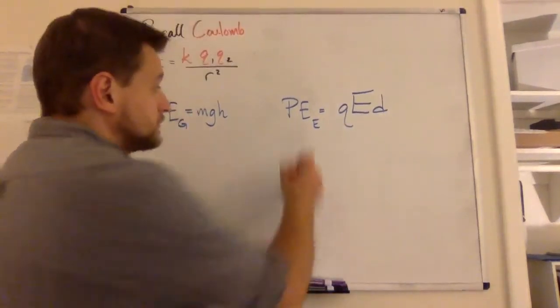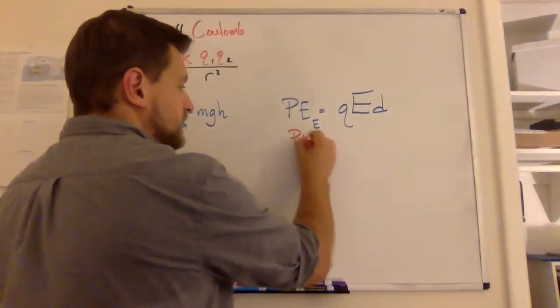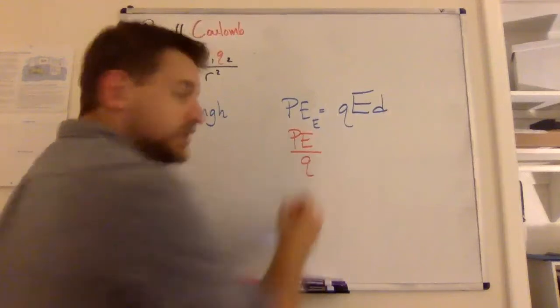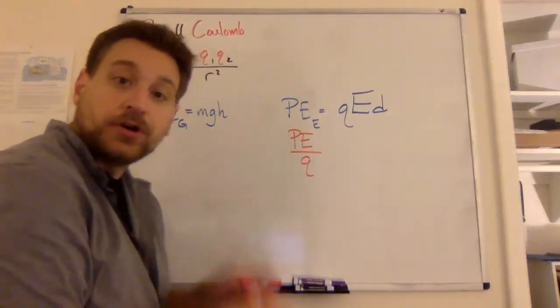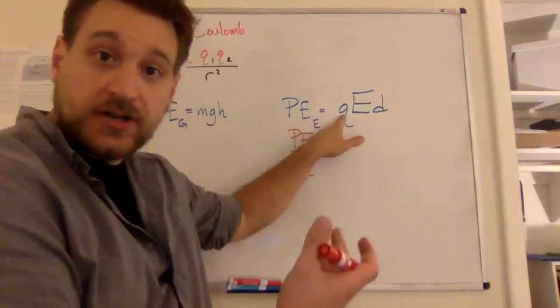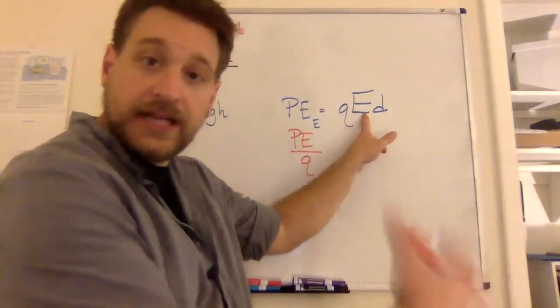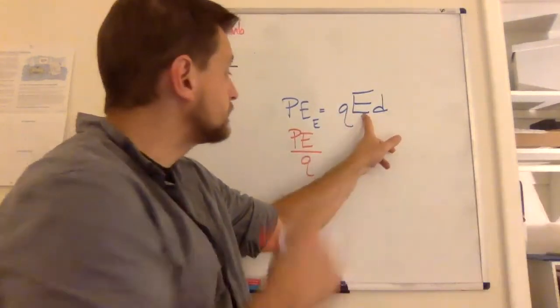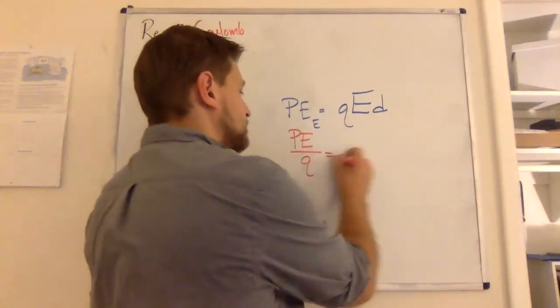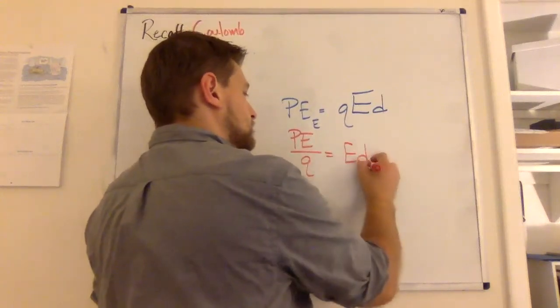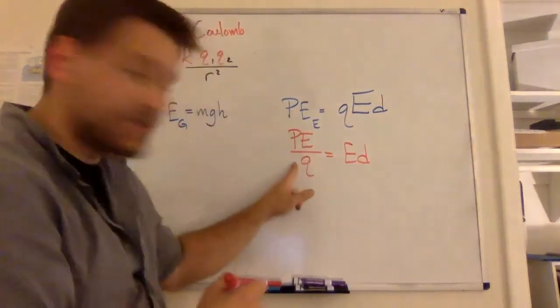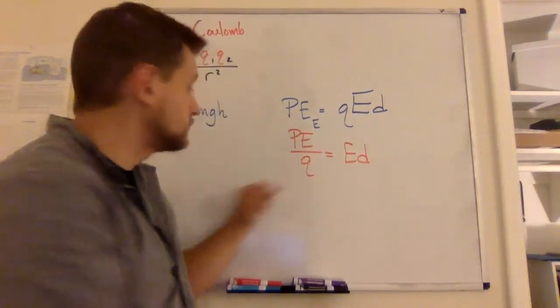We asked about the potential energy per unit charge of this charge that's living in an electric environment, E, created by some other charge. But we said this ratio was voltage.